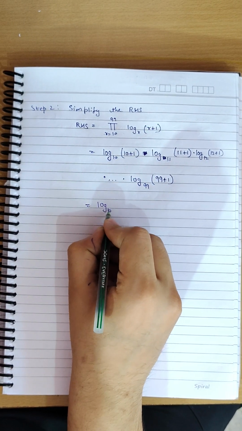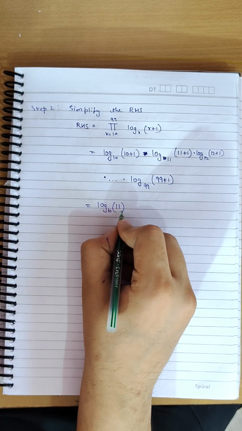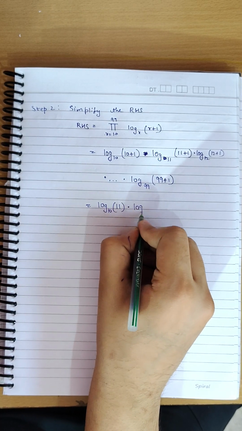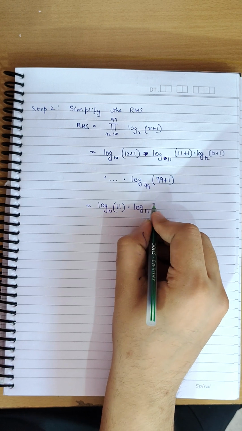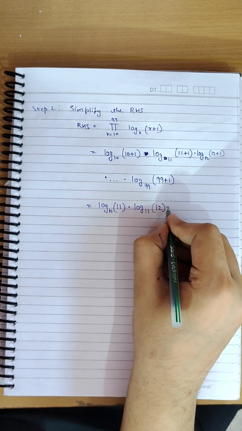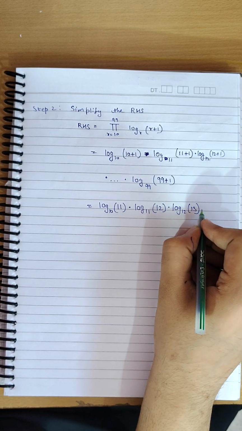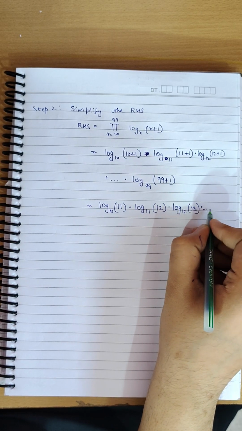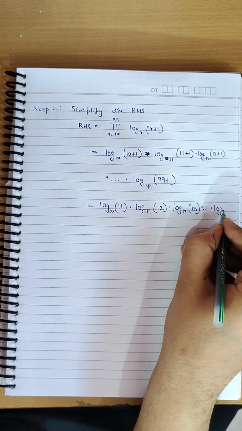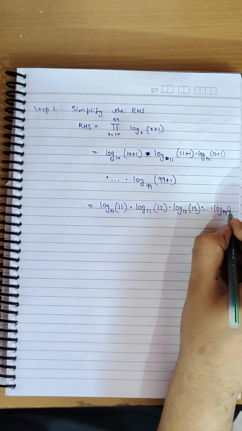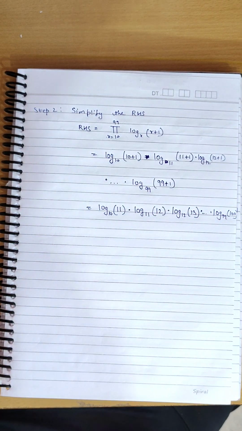So log 10 by 11, into log 11 by 12, into log 12 by 13, and this continues till log 99 to 100.